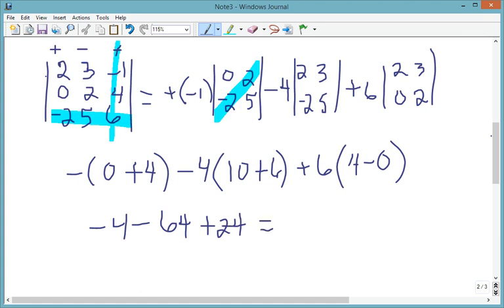So, when I add those together, I have negative 68 plus 24 turns out again to be negative 44. It should be exactly the same every time. It doesn't matter what row or column you expand on, you always end up getting the same determinant.